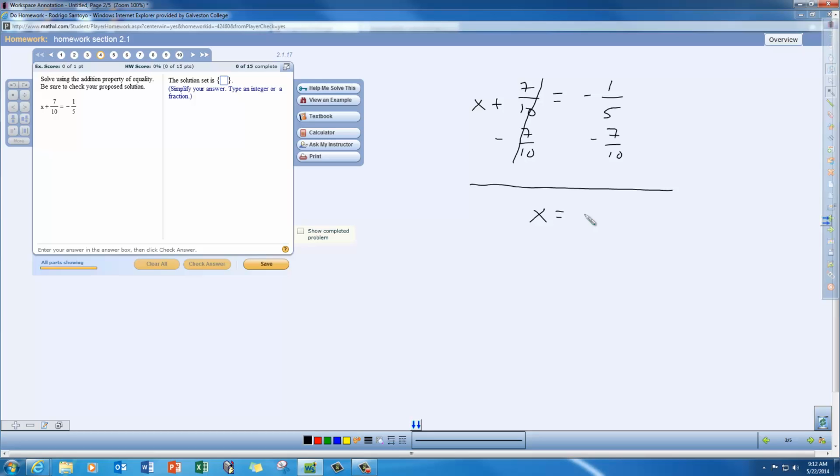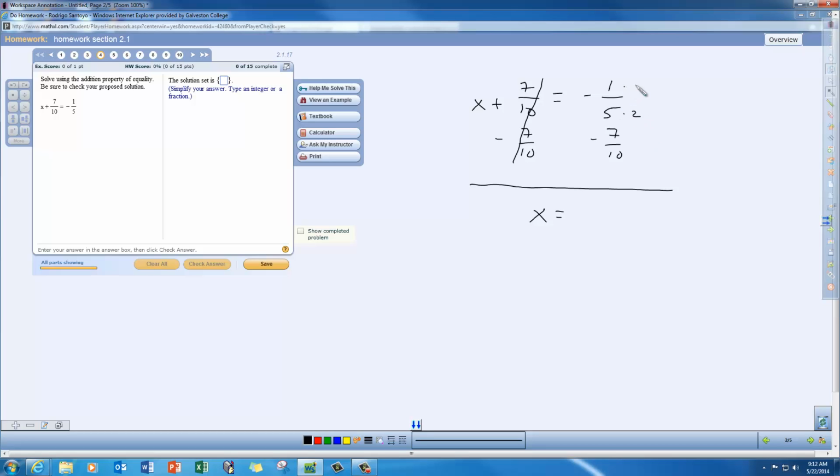Now from here, it's just working out this math over here. -1/5 minus 7/10. Well, you should now know from the previous chapter and from O300 that you can't subtract or add fractions unless you have a common denominator. So here, our common denominator for this problem will be 10, which means we'll have to multiply this by 2.